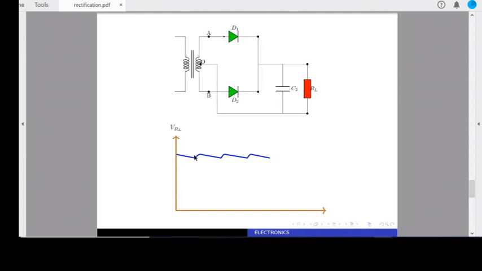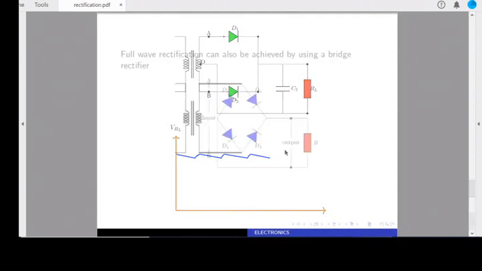It is almost pure, though not exactly like the DC that is produced by a battery, but it is almost nearing that. This process where we connect a capacitor to the load such that the DC we produce is smooth is what we call smoothing, and in other places it is called filtering.